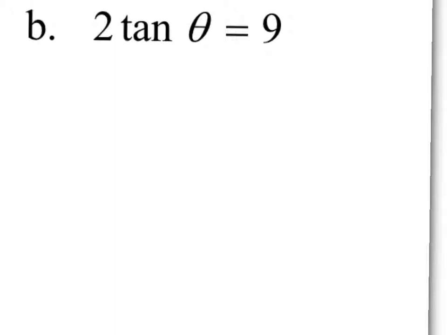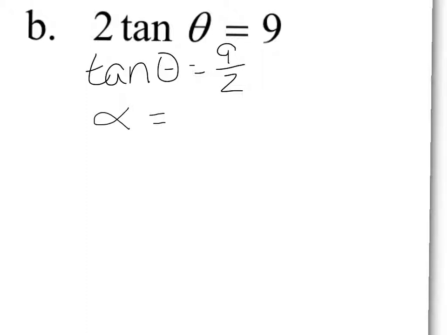Okay, so let's begin. Hopefully you solved this correctly, and you have that tangent of theta is equal to 9/2. That would mean if you take the inverse tan of 9/2, you'll get a reference angle of 77.5 degrees. Because tangent is positive, you want to know which quadrants tangent is positive in.